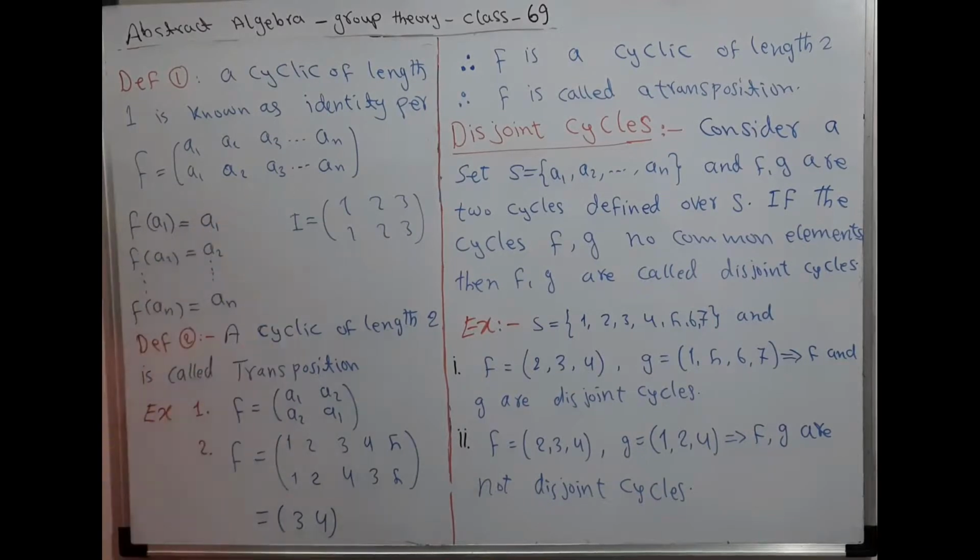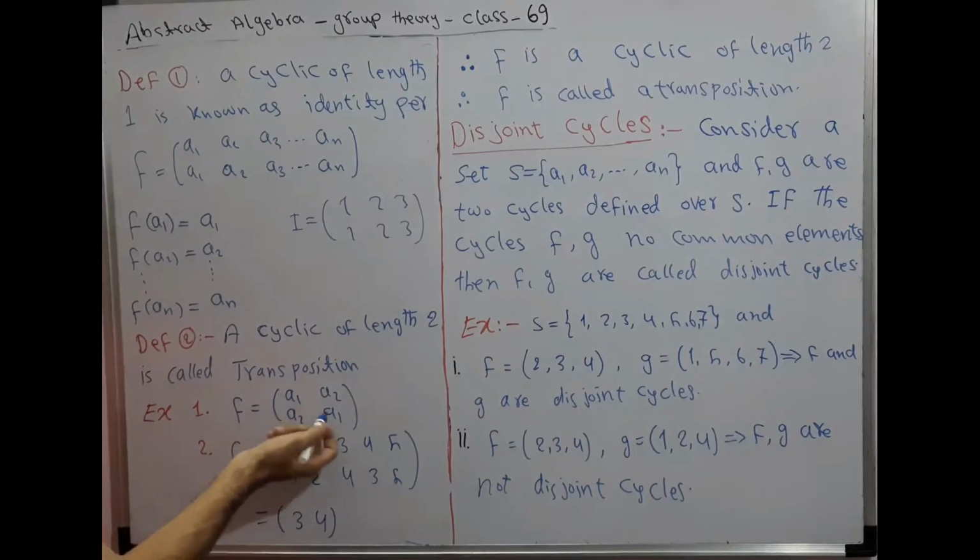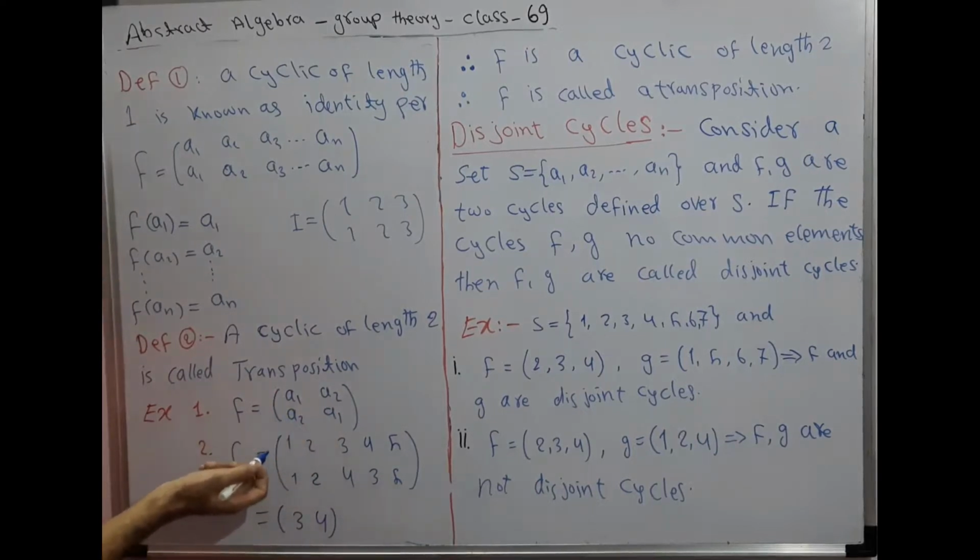Here f is equal to this permutation. Definition 2: a cycle of length 2 is called a transposition permutation. We call this a transposition. Number 1: f maps a1 to a2 and a2 to a1. Here the length of the permutation is 2. Therefore, it is called a transposition.